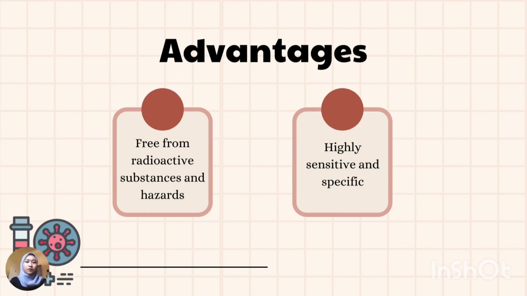It is used to detect the presence of specific antibody or antigen in a sample. Next, it is highly sensitive and specific. By using the specific viral antigen as coating agent on the plate, the test can distinguish the antibody response to COVID-19 from other infection or reactivity.